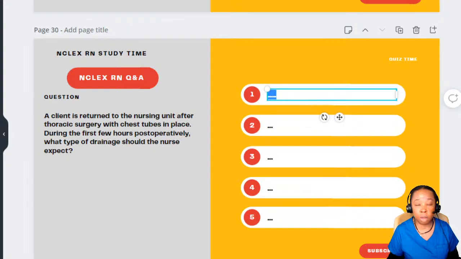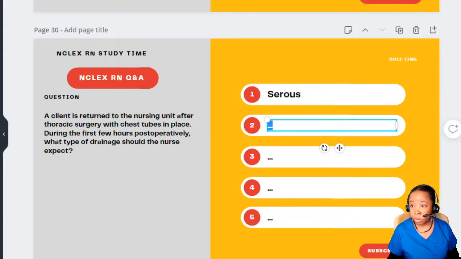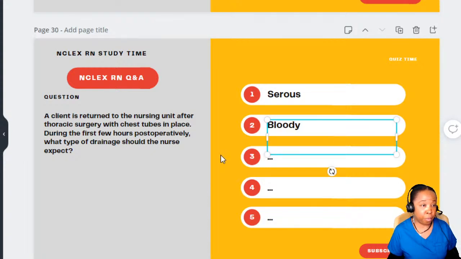So the first option is serous. Serous depends on the color. It's not bloody. It has blood on it, but it's not like a bright red.